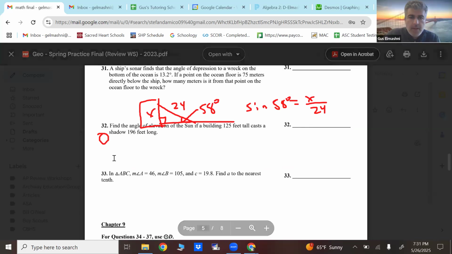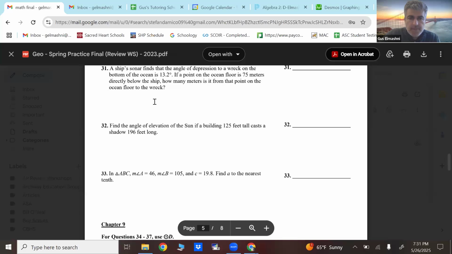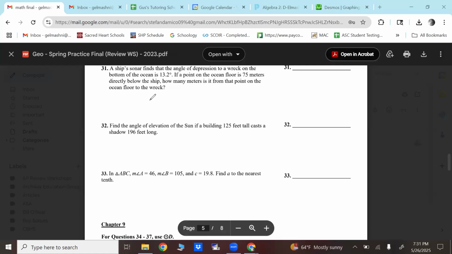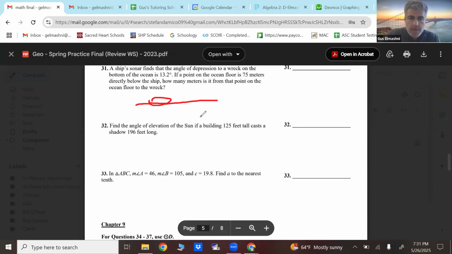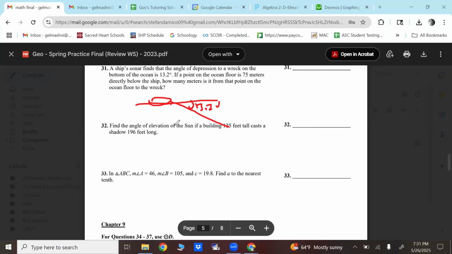Okay, this right here, angle of depression. That's pretty easy. So here's the ship, here's the water. It's doing this, so this is the angle of depression. That's 13.2 degrees.